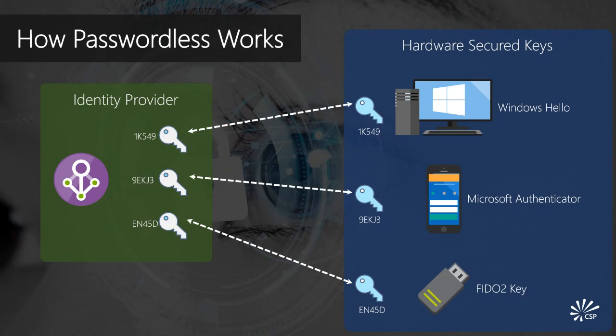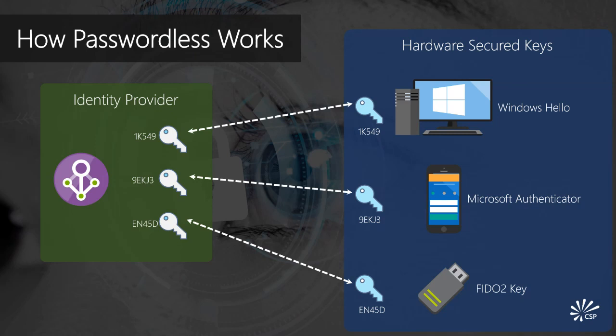So passwordless authentication is based on asymmetric key cryptography. We're going to dive into the technical nuts and bolts here in a minute, as I said. But what this means is that passwordless is based on the concept of a cryptographic key pair, a private key and a public key.